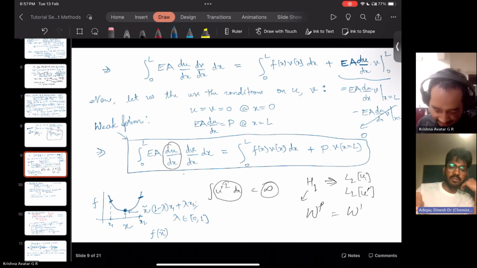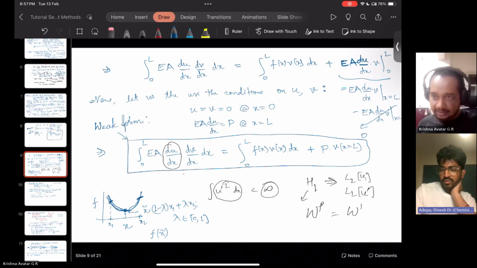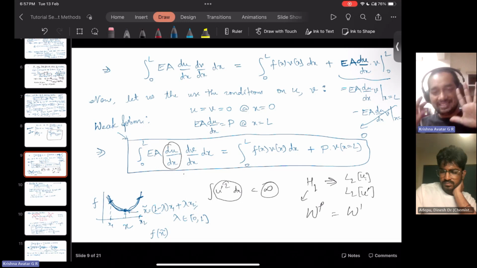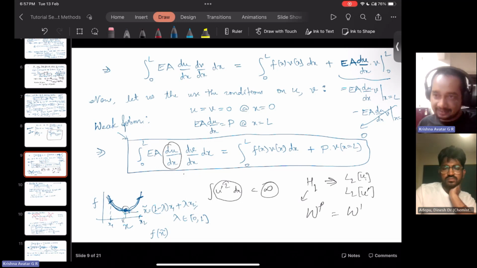It should be linear in lambda, no? At x equal to 0.5, what value will it be? We are just looking at this from a functions perspective. If this point is x tilde here, then the corresponding function value will be this one.